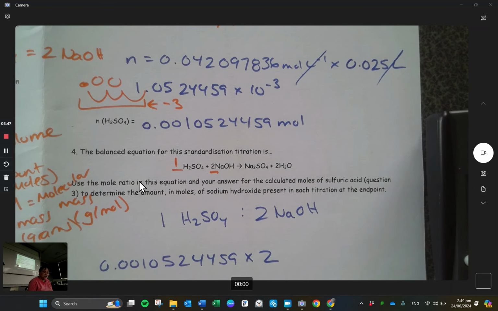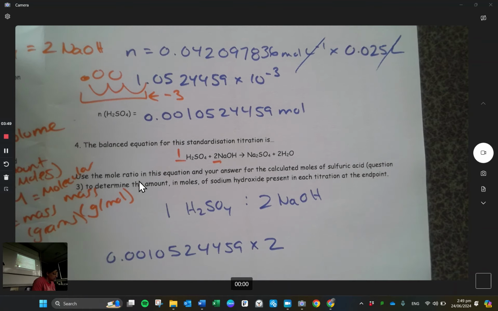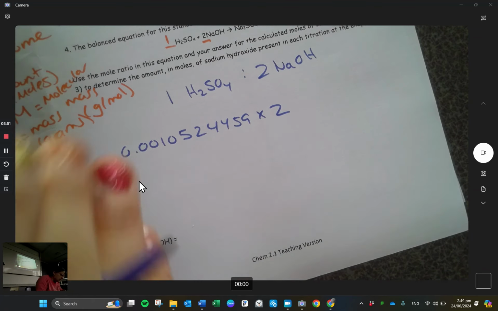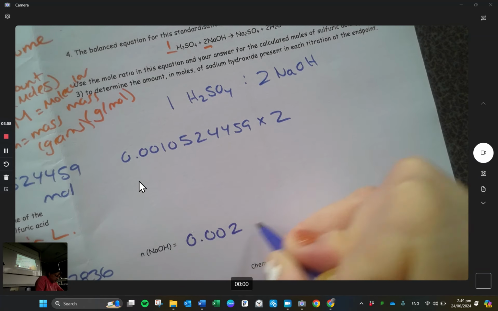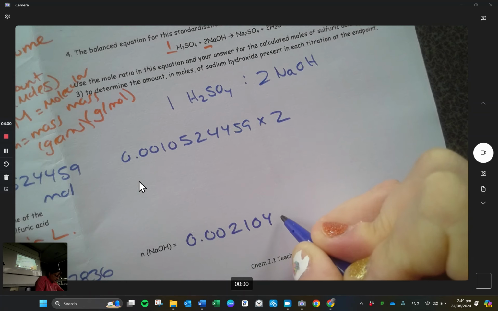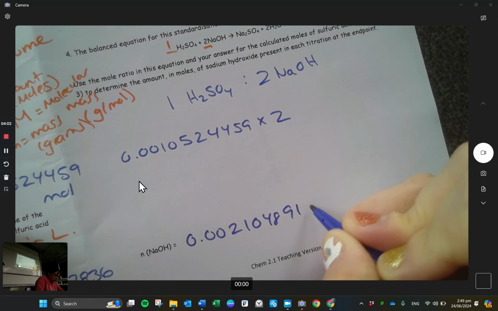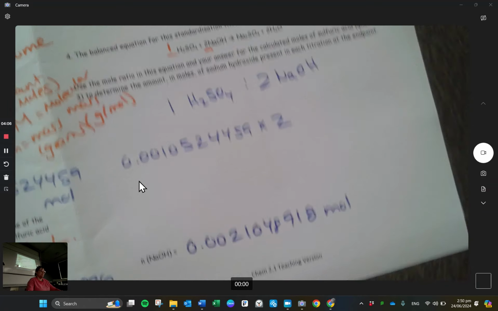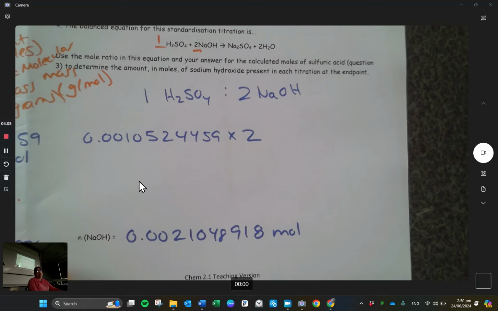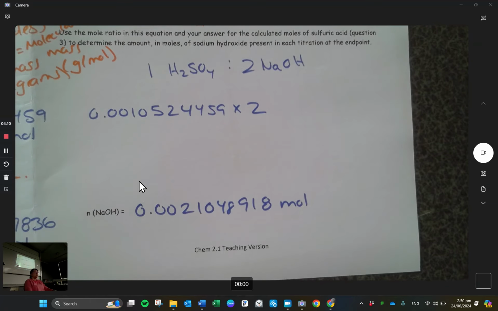All right, so let's times that by 2, and I get 0.0021048918, and again, I love my units, mole. So that's how many moles of base I need in order for this neutralization to occur.